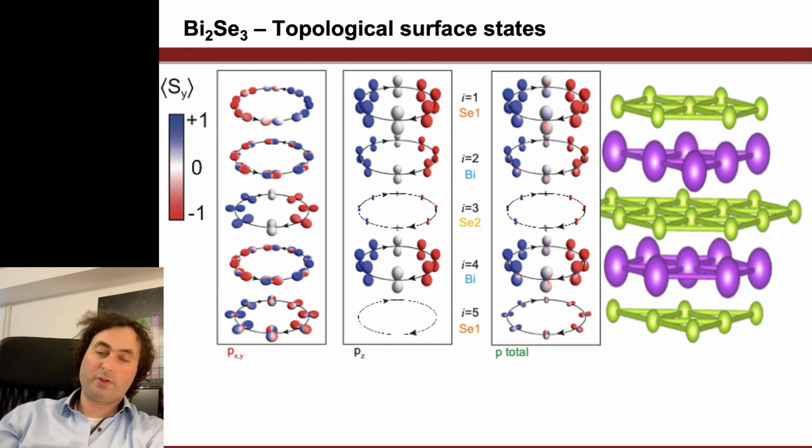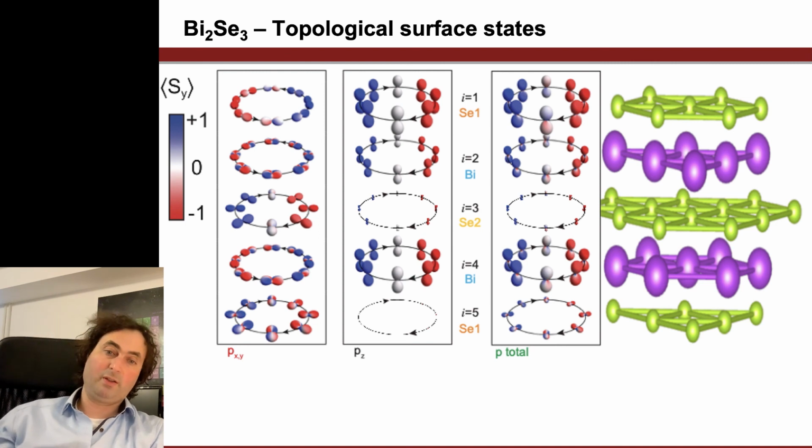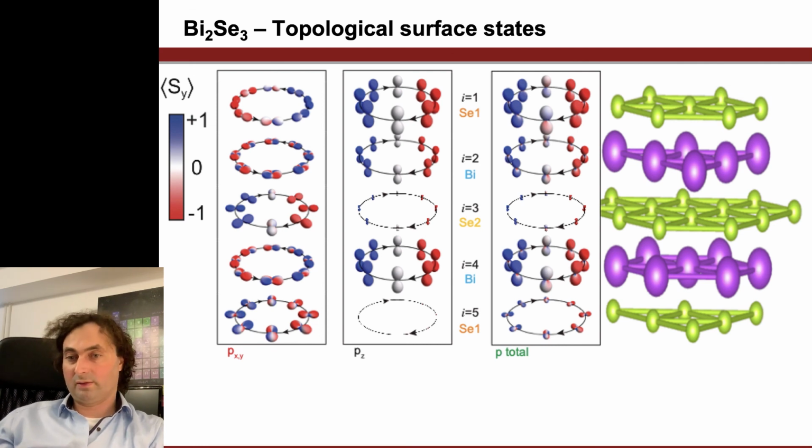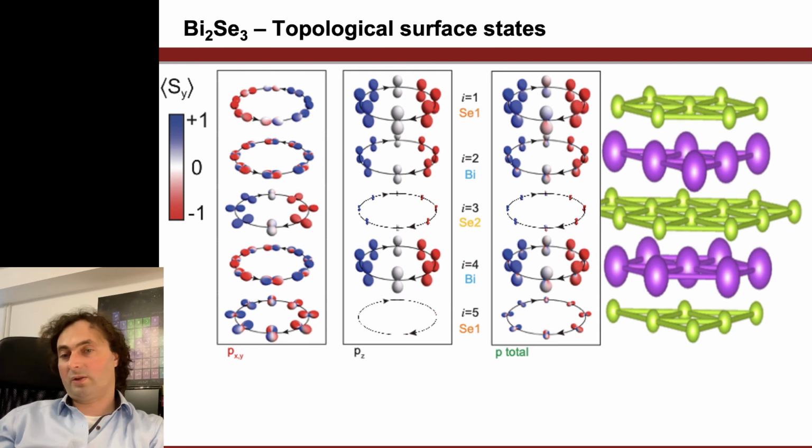So with that, I hope to have shown you some of the properties that we have for topological surface states. You have beautiful entanglements between the spin and the momentum in which you move. You get dispersions that are linear with respect to crystal momentum around the high symmetry points, such that you get cones.